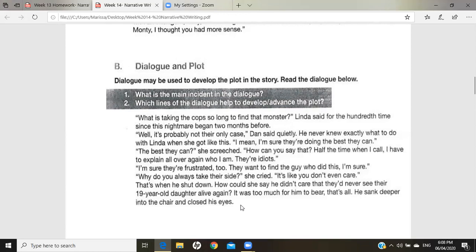Maybe there was some piece of information in a line that gave you an idea as to how the situation could turn out. So Hema or Ravi, the lines that you saw in the dialogue here that could really help in advancing the plot, could really help in creating the story and all the different events to the story.